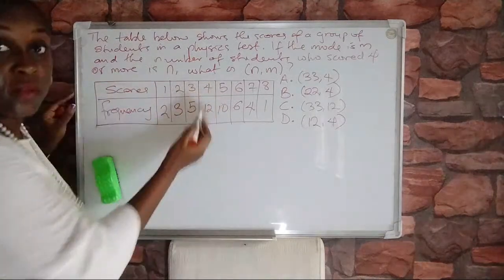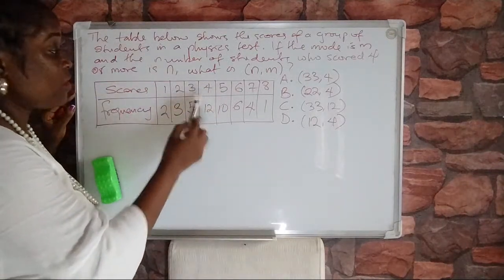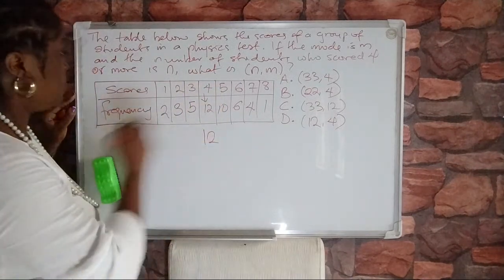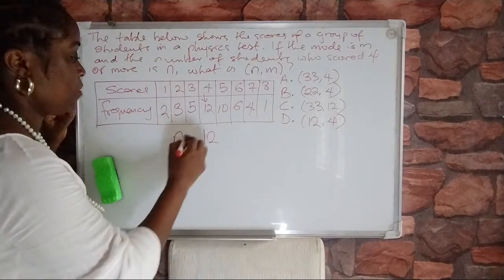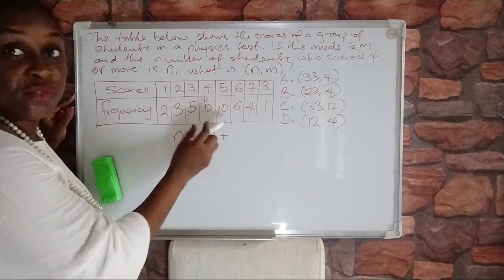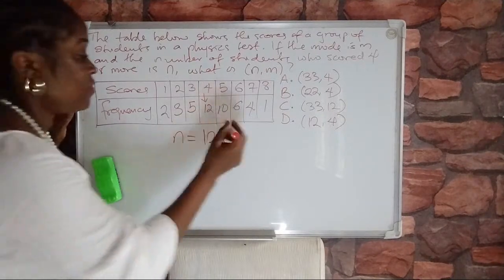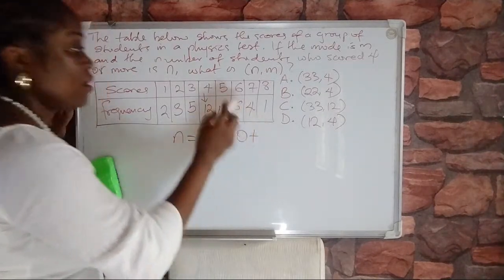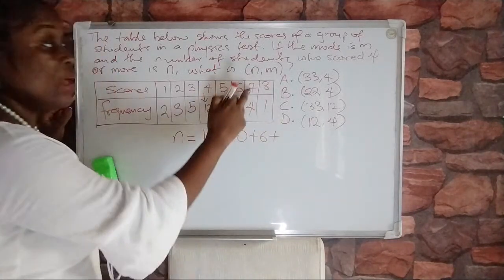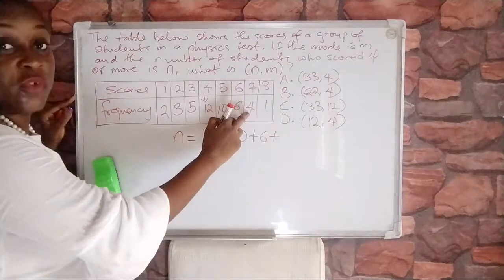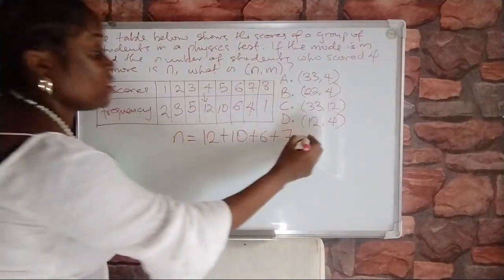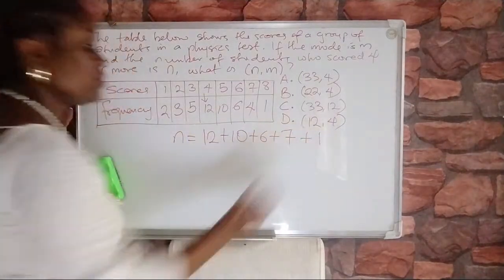The number of students that scored 4 is 12, right? We're looking for N. Plus we have 10 students that scored 5, and 6 students that scored 6. Then we have 4 students that scored 7, and 1 student that scored 8.